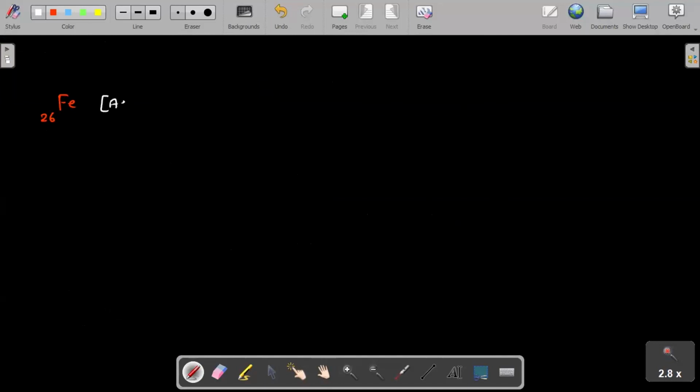So we have 18 electrons till argon, and we still have 8 more electrons to fill. The first 2 electrons will go in 4s. The next 6 electrons will go here.